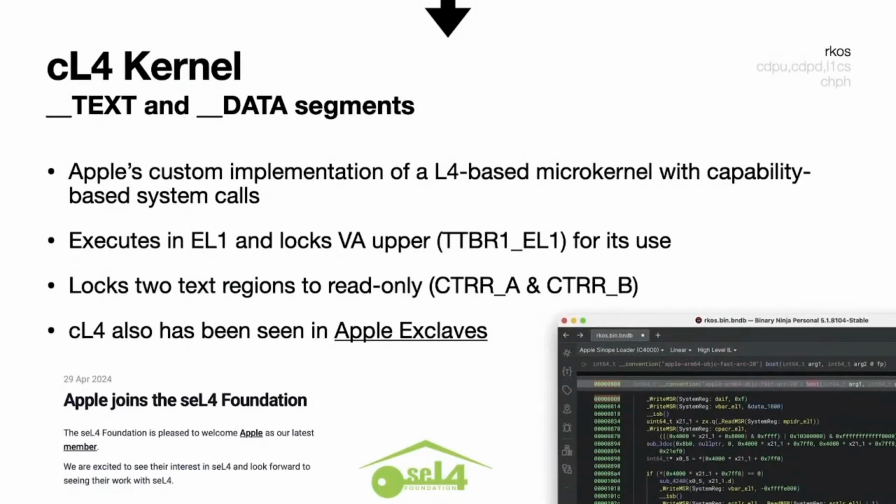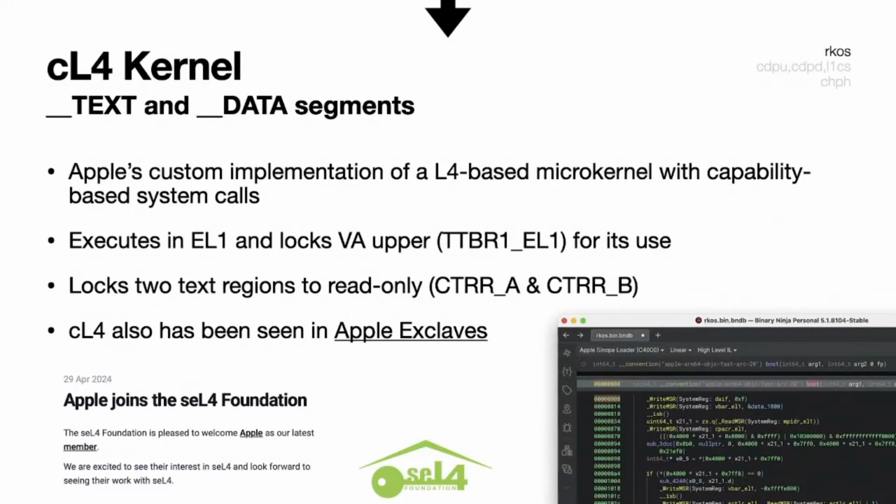Then we go to the CL4 kernel, which resides in the text and data segments of the RCORS file. CL4 is Apple's custom implementation of an L4-based microkernel. Basically, those kernels usually support capability-based system calls.